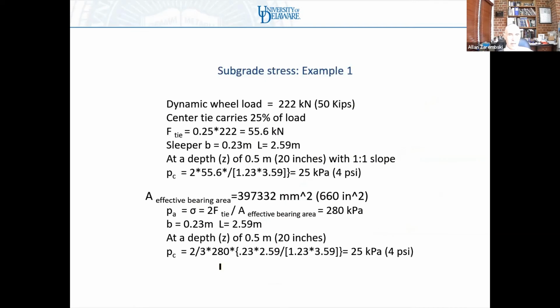So if we did an example, if we calculated our dynamic wheel load to be 222 kilonewtons, and we say our center sleeper carries 25% of the load, the sleeper load would be 55.6 kN.